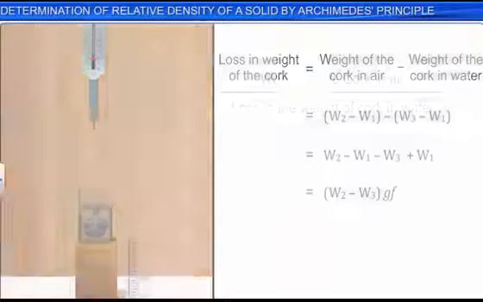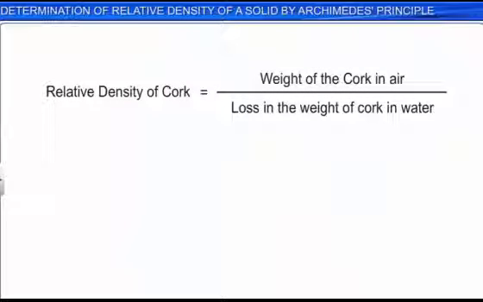We also know that the relative density of the cork is equal to the weight of the cork in air upon the loss in the weight of the cork in water. By substituting all, the relative density of the cork becomes (W2 minus W1) upon (W2 minus W3).